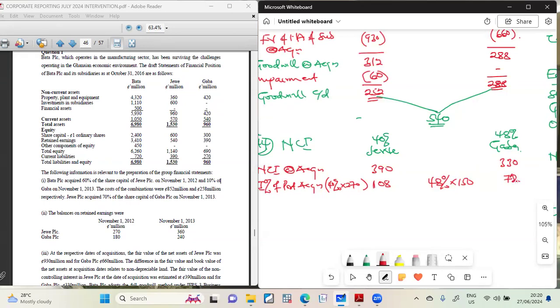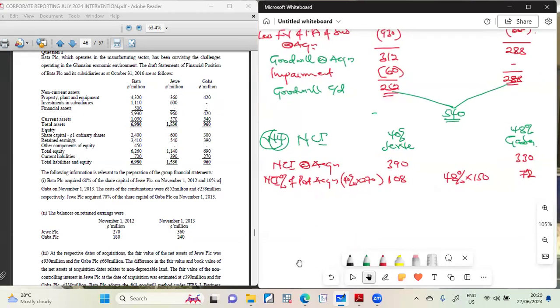Now when you finish, there was impairment, so you share impairment for this guy. NCI share of the impairment will be 40%.